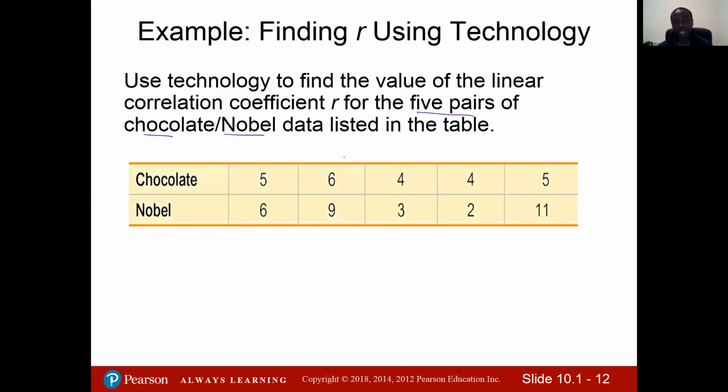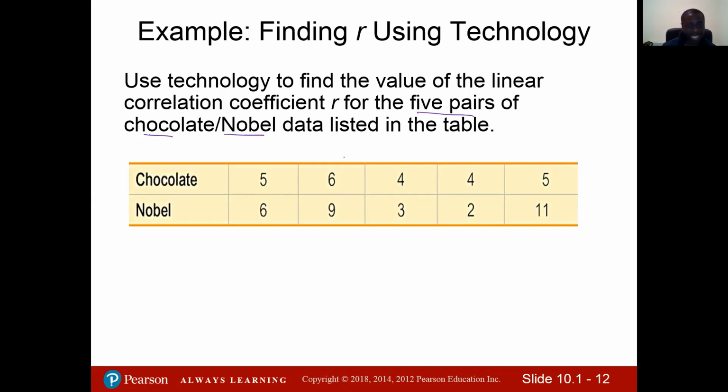This one is chocolate consumption and Nobel Prizes won, and we want to see if there's a correlation between them by computing R. You'll be surprised there is. But like I said, correlation is not causation. It's not cause and effect. So here we are considering just 5 countries, the Nobel Prizes won, and the total chocolate consumption in some terms.